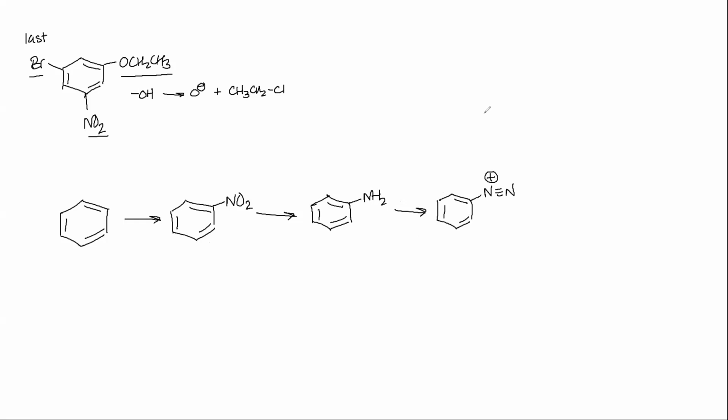Now, because the diazonium looks like an X multiply bonded to a Y group, it's going to be an ortho director. So I might say, let's go ahead and put the nitro group on the ring.